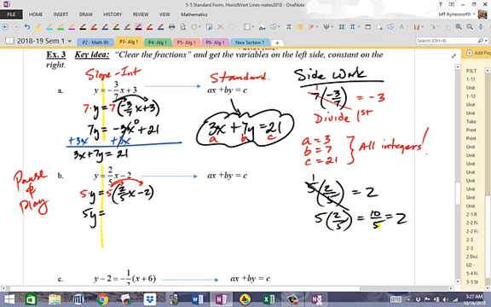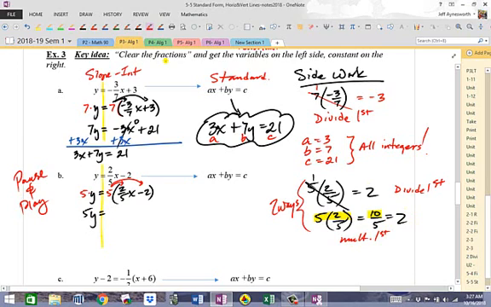You can divide first, or you can multiply first, because that's how you multiply fractions. Either way, you're going to get 2.